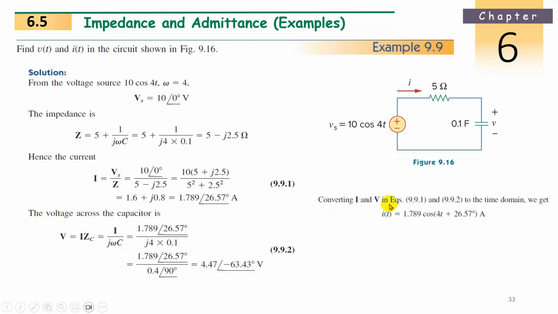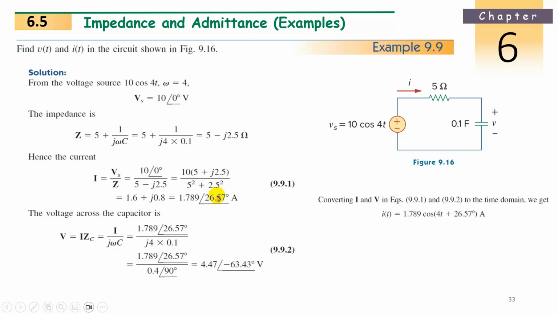Okay, converting I and V in the equation to obtain the time domain. So convert this into time domain. I of t, in the time domain in terms of a cosine sinusoid, is 1.789 cos 4t plus 26.57.